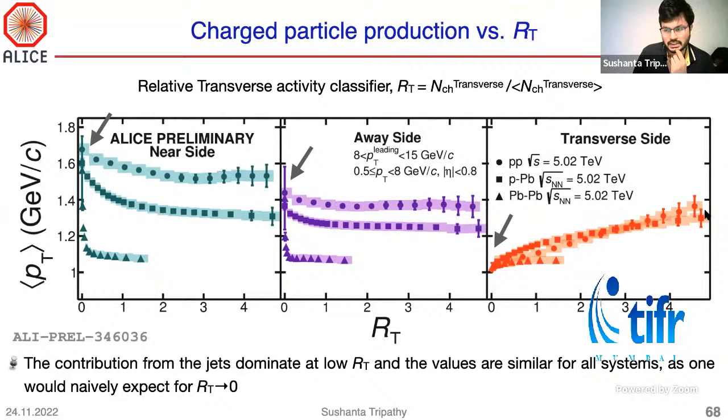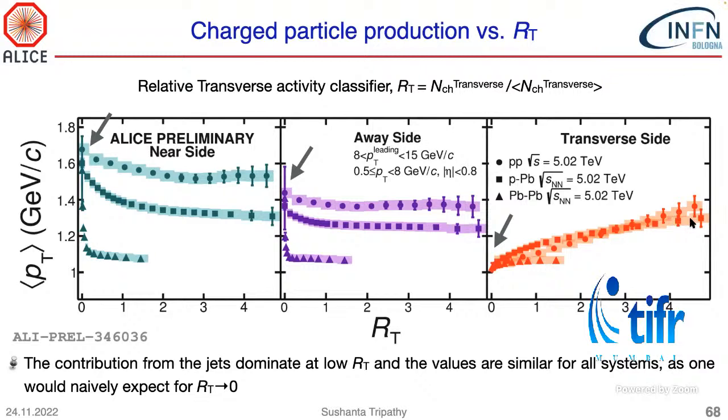Basically, what one would expect is that when you go to high RT, everything should be dominated by the underlying event, because these are the high RT regions. So you have a good point. The main idea of the transverse side is that you understand the particle production, which is either coming from jets or not.